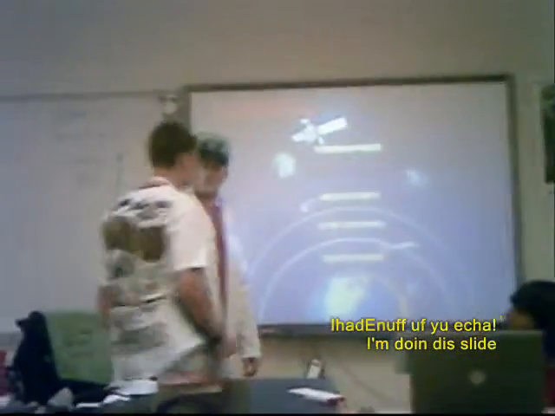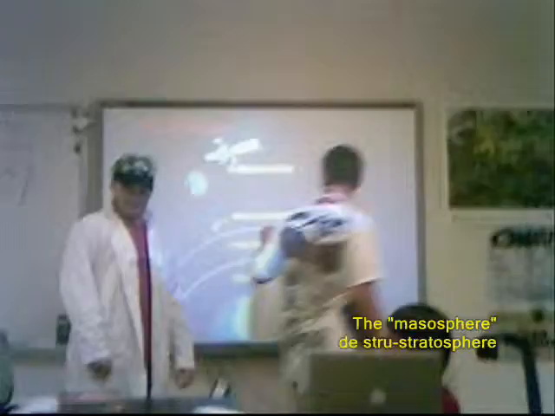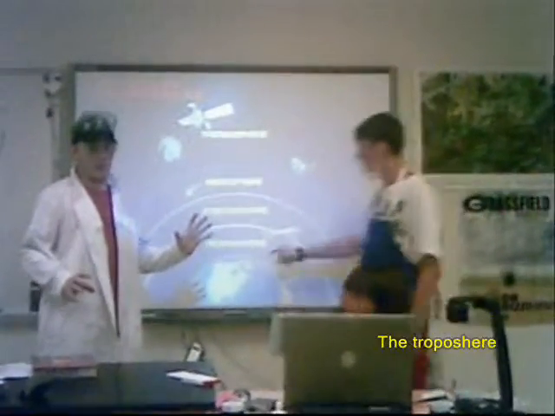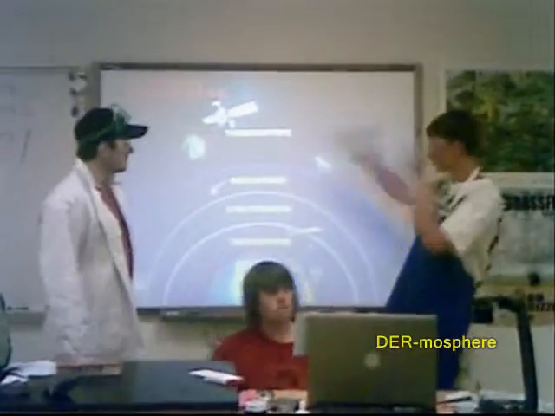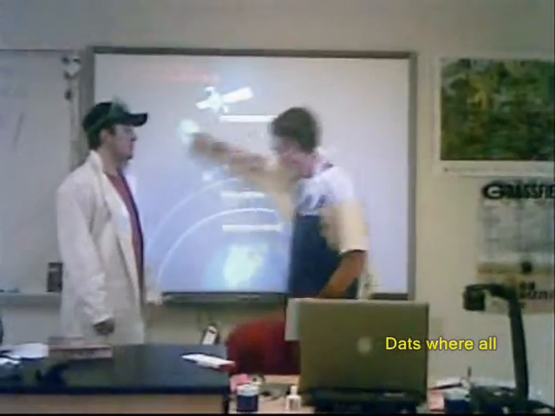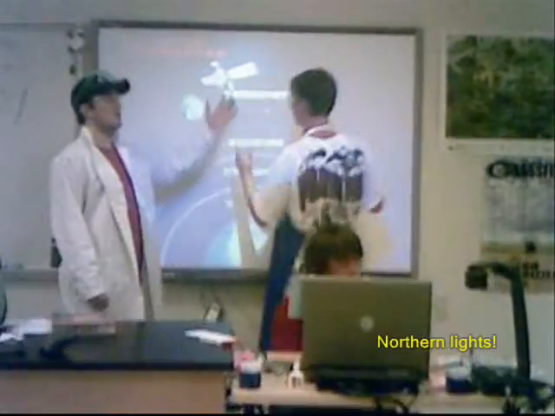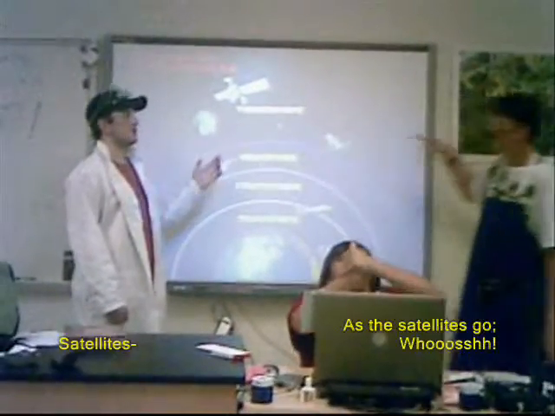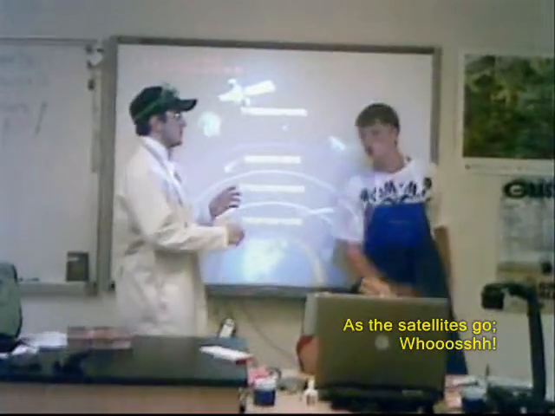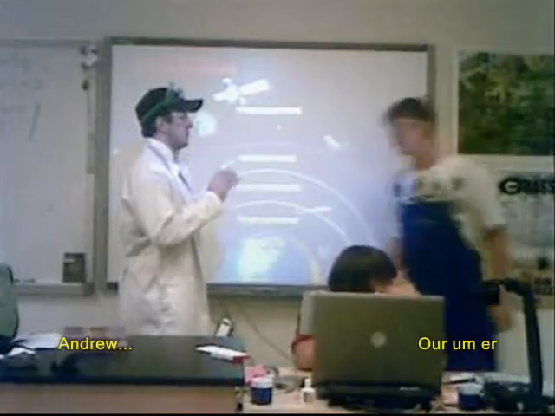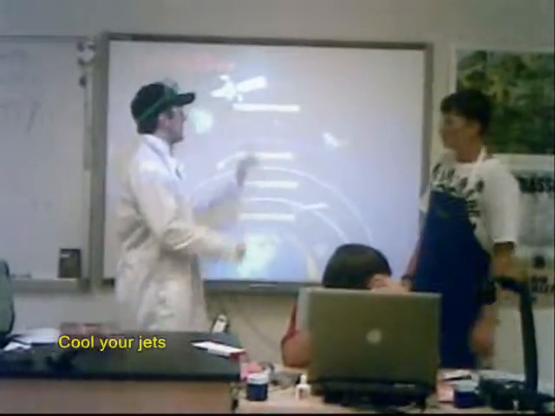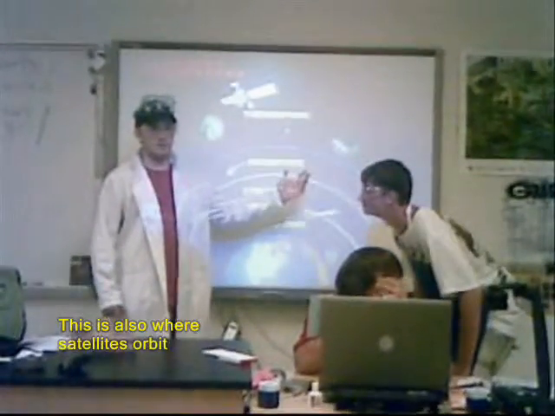I'm doing this live. The mesosphere, the stratosphere, the troposphere, thermosphere. That's where the northern lights are right there. That's where the satellites go all around the Earth. This is also where satellites orbit.